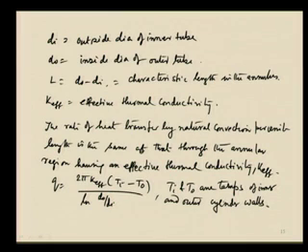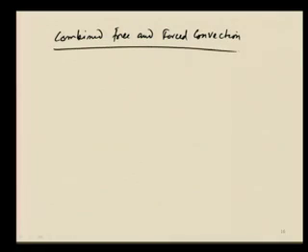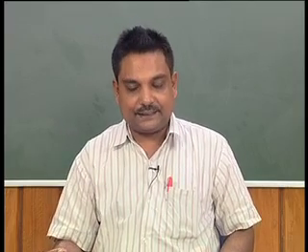Okay. So, now what we are going to discuss is another situation which we always come across, that is called combined free and forced convection. So, this is a particular situation that many a times we come across, combined free and forced convection heat transfer.